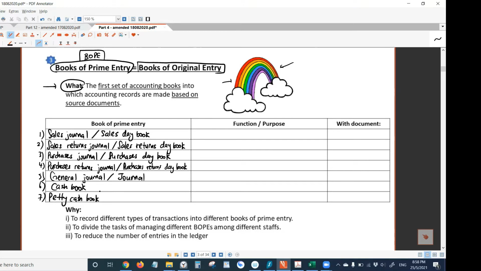Okay, these are the 7 books of prime entry. Once done, let me know, and then we move on to learn their functions. And then we will also write along when we discuss the functions.